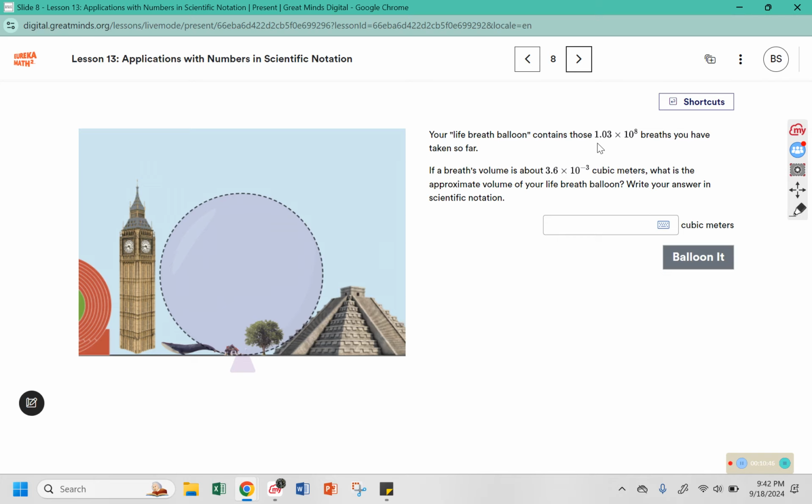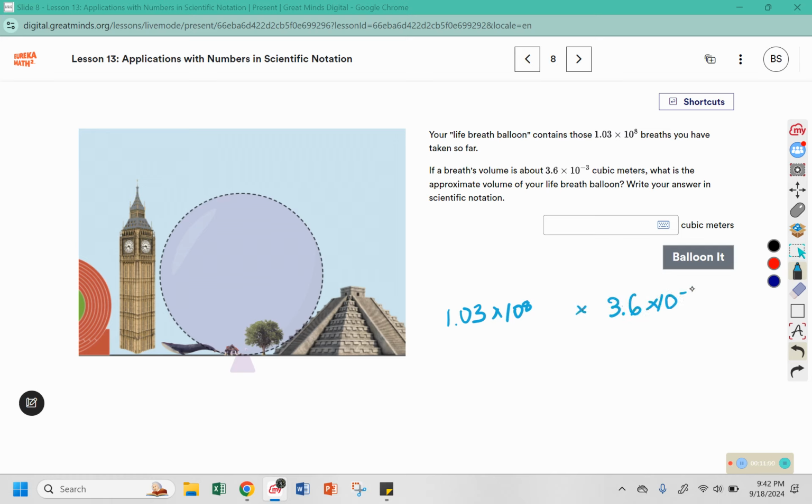So the number of breaths times the volume per breath. So we will have 1.03 times 10 to the 8th multiplied by 3.6 times 10 to the negative third. When multiplying in scientific notation, we multiply those initial values and we add the exponents.